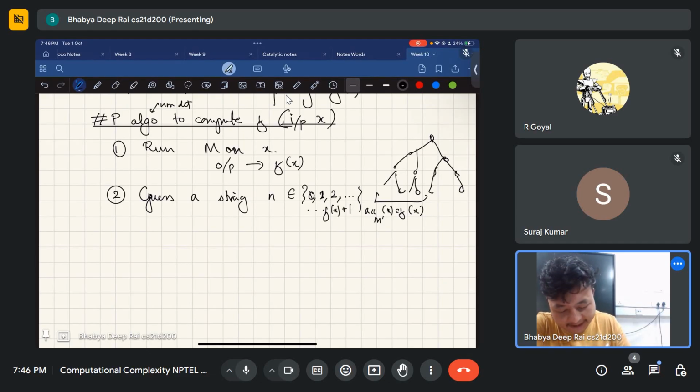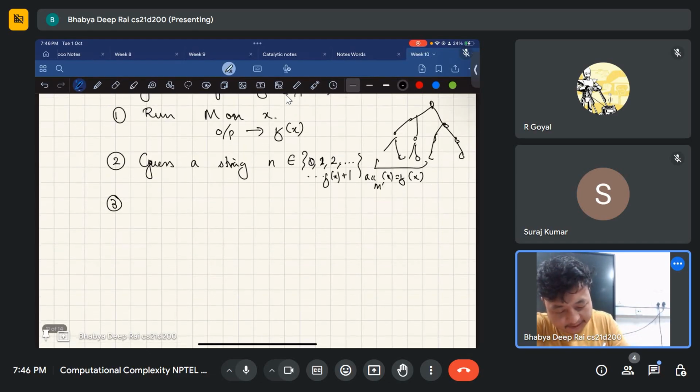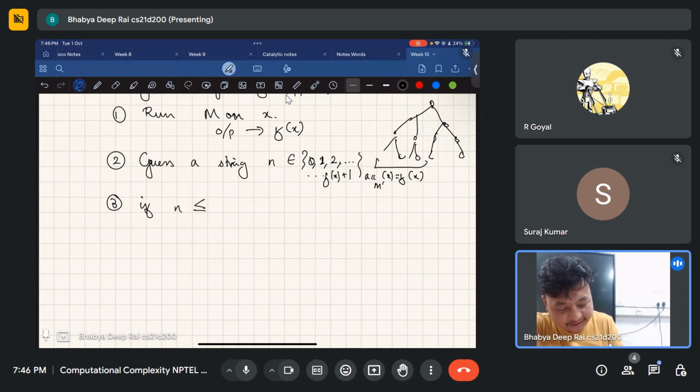Let me not make matters complicated: if n is less than or equal to f of x, then accept, else reject.